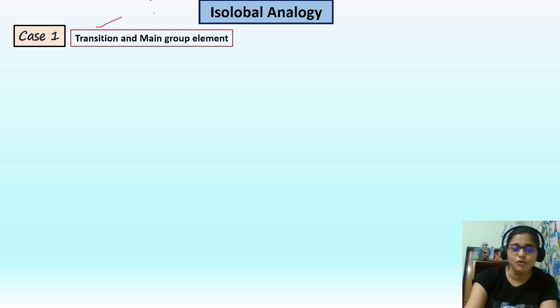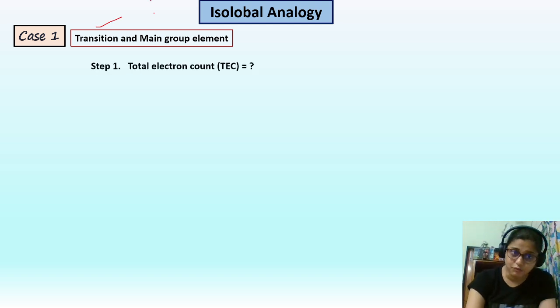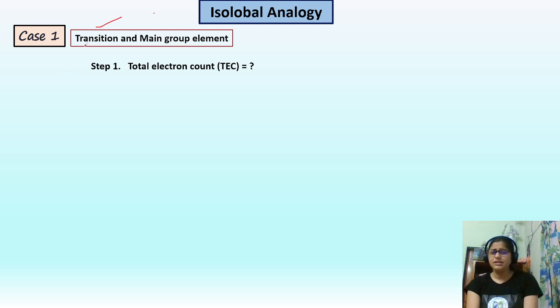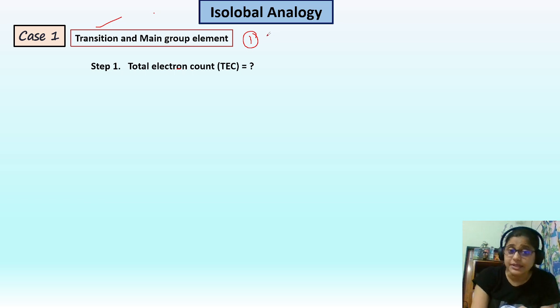So for example, step 1, what should we do? In the exam, let's say two molecules are given, one having a transition metal, another having a main group element. If fragments are not given, and only two big structures are given, then the first step is we have to find out the fragments.